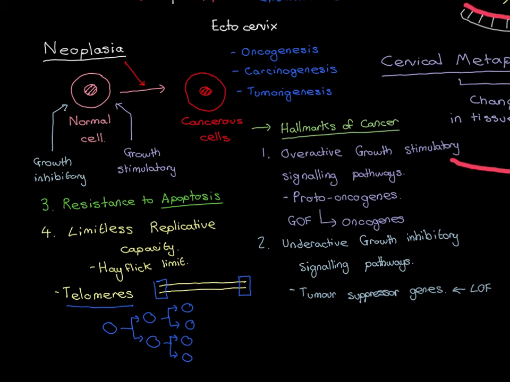Now, in cancer cells, something has happened that leads to them being able to extend their telomeres, to ignore the normal Hayflick limit. And usually what happens is they overactivate a certain enzyme called telomerase. In the genome, there is a gene for this enzyme, and it is important to have active in certain cells in the body where you need a limitless replicative capacity.